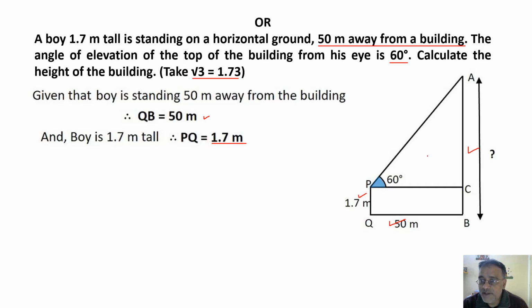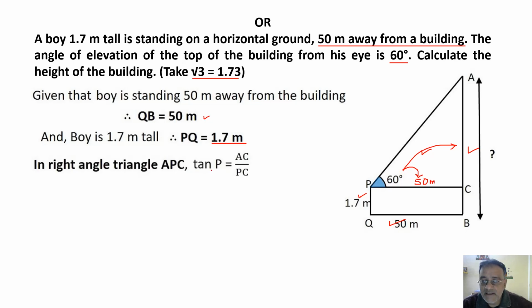Now we will use this triangle APC, right? PC is also 50 meter because both are parallel. Now tan 60 will be opposite upon adjacent, AC upon PC, and the angle at P is 60 degree and PC is 50, so we substitute.